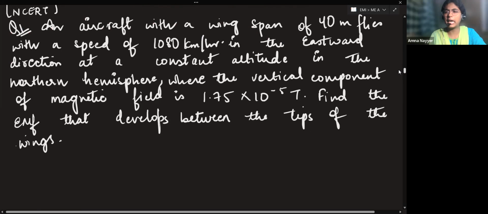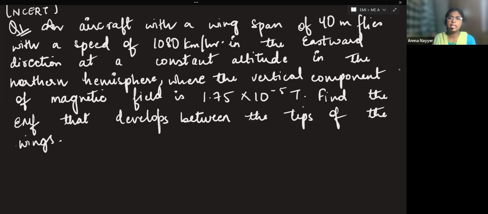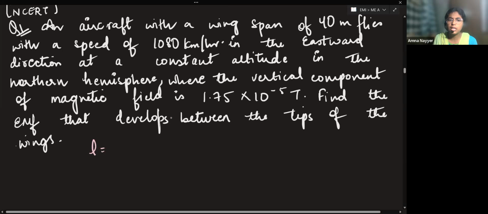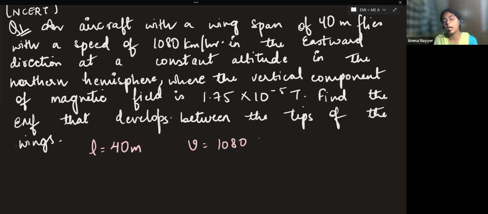It is a direct formula based question. The wingspan of the aircraft acts like the length of the conductor, so length is 40 meters. Speed is 1080, so we convert it into meter per second by 5 by 18. That will be 300 meter per second.